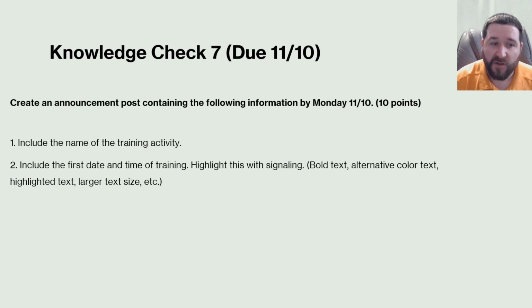You might use a larger text size, right, etc. But I want you to make sure the date and time of your training stands out, right? We want to highlight that. We want our participants to come away knowing that information, or if they have to reference that announcement, they can quickly locate it, right? So make sure we're including our date and time of the training and that we're highlighting it using signaling.